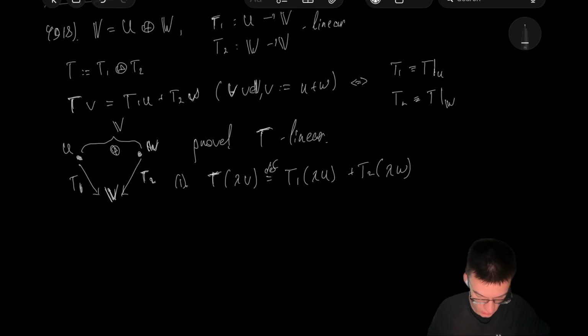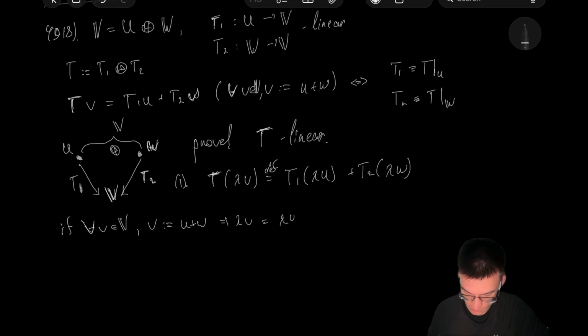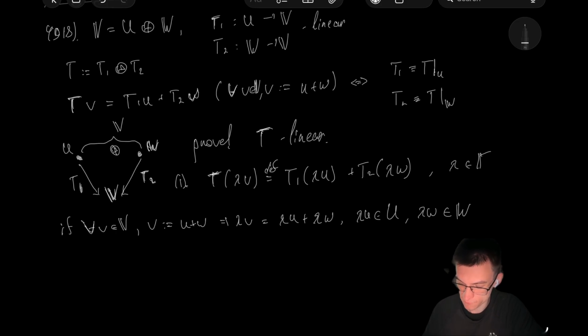Because if any v from the space V is u plus w, then lambda v is lambda u plus lambda w. And we know that lambda u belongs to upper U, and lambda w belongs to upper W, where lambda is some sort of scalar which belongs to the field.